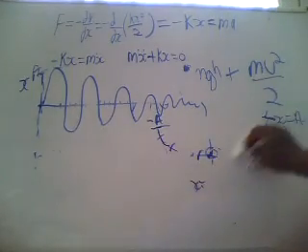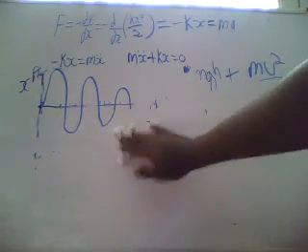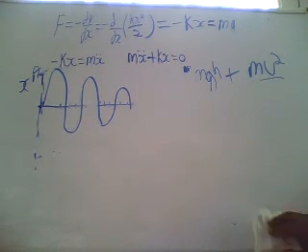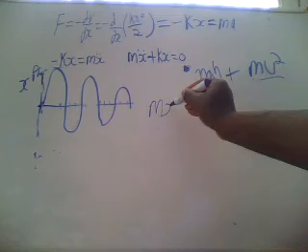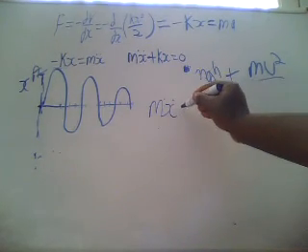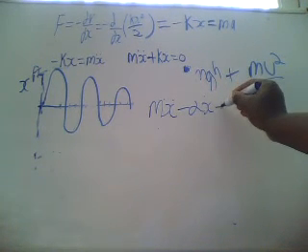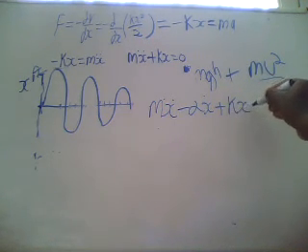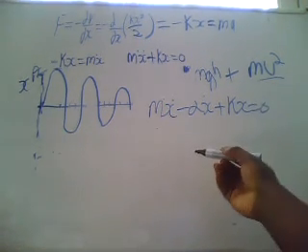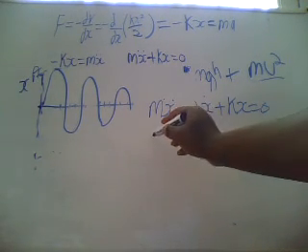In fact, let me rub out everything. So we have this equation: the damping force plus the rest. That's our differential equation. This is another second order homogeneous equation which is easy to solve.